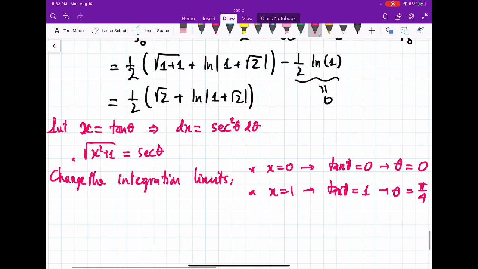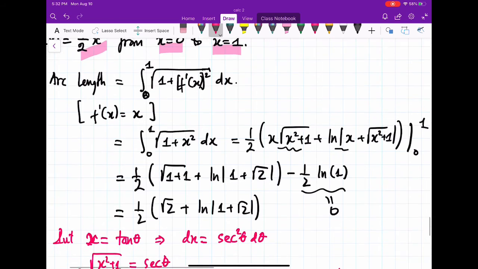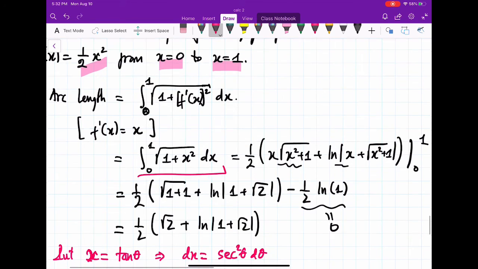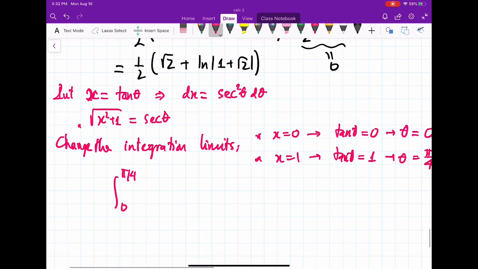So you rewrite your integral from 0 to pi over 4. And then right here, you have secant theta times secant squared d theta. So you have secant cubed theta d theta. And we discussed a lot about such integrals in the previous section when we studied secant, tangent, sine, and cosine.